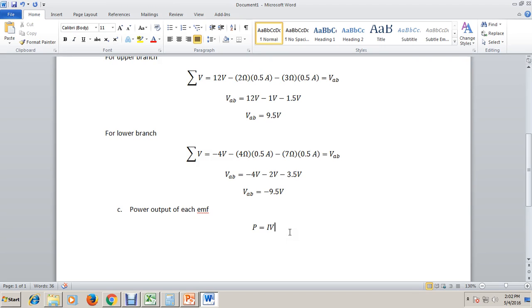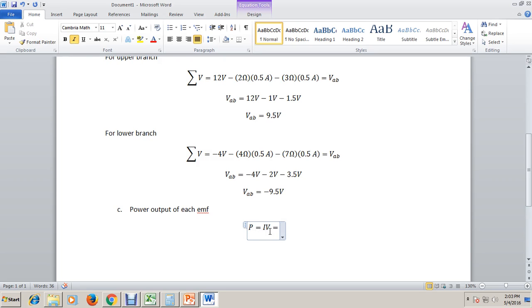Now, recall that also we have V equal to IR from Ohm's law. So we have different forms for our equation P equal to IV.